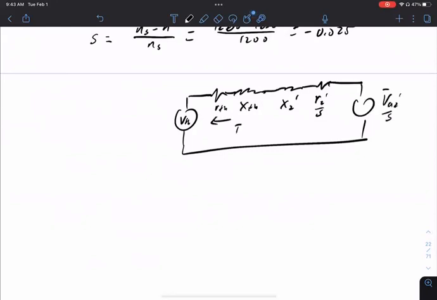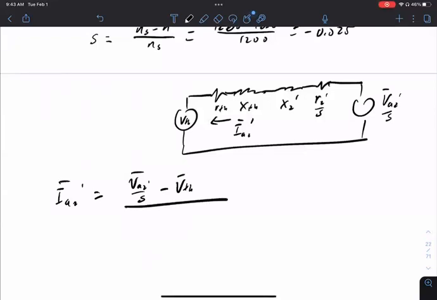Now I want to compute the current IA2 prime. The current computation is just this voltage minus this voltage divided by all the impedance altogether. So IA2 prime is VA2 prime over S minus VTH, divided by everything: RTH plus R2 prime over S plus j(XTH plus X2 prime).